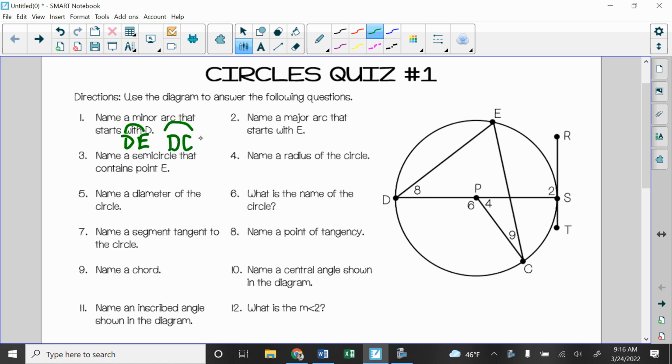Number 2, what's a major arc? More than 180. How many letters? 3. So it has to start with E. You could do EDC or ECD. Did we miss any?